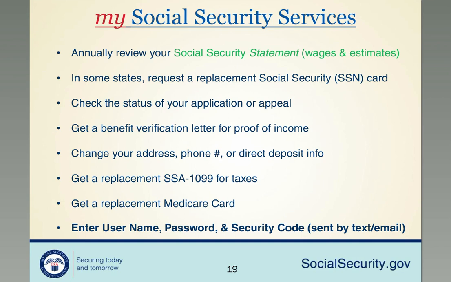Or if they're getting benefits and they need to change their address, change their phone number, change their direct deposit, they can do that anytime that they need to. Or if they need to get replacement tax documents, or if you need to get a replacement Medicare card, if yours is lost or damaged, you can request a new Medicare card using the My Social Security account.